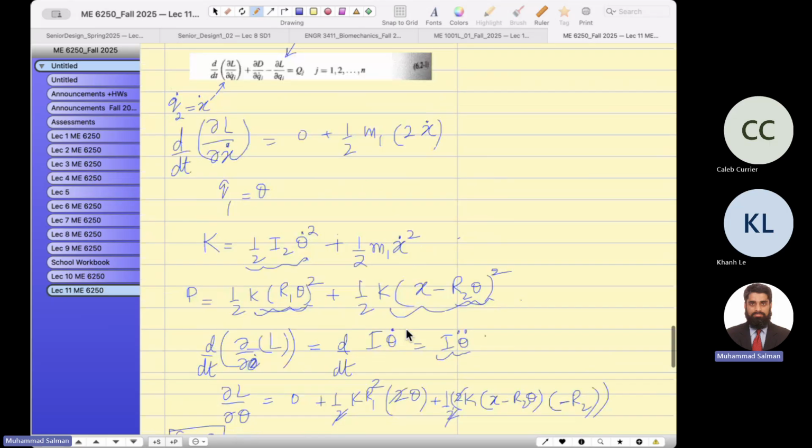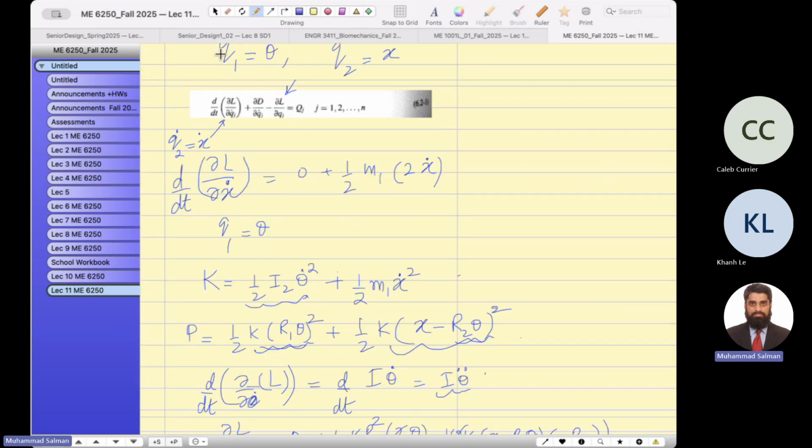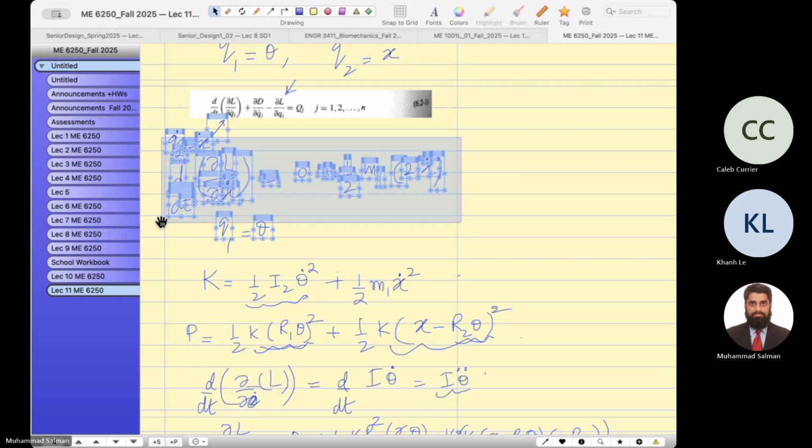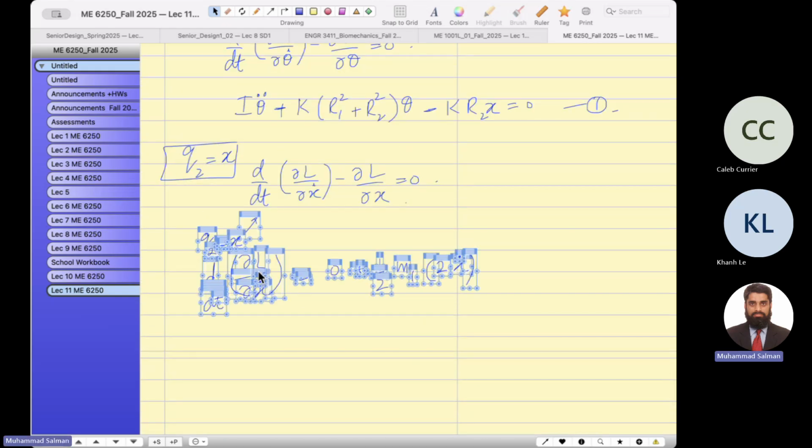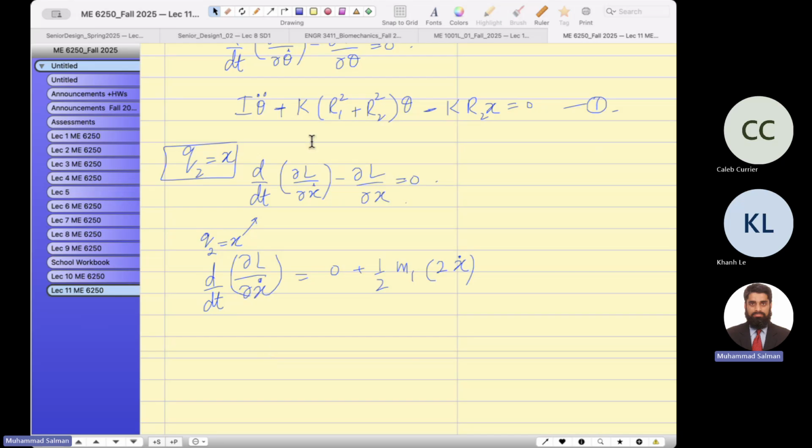I will take this one here and copy it here because I did some math here. So q2 is now x. Now look over here, this is the partial of a partial. I'm going to take this d over dt. So the half is cancelled by this half, and you are left with m1 x double dot.